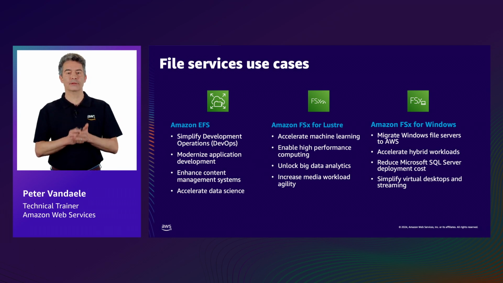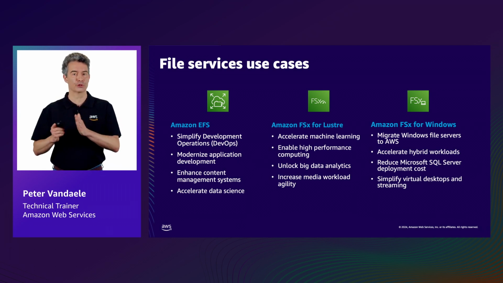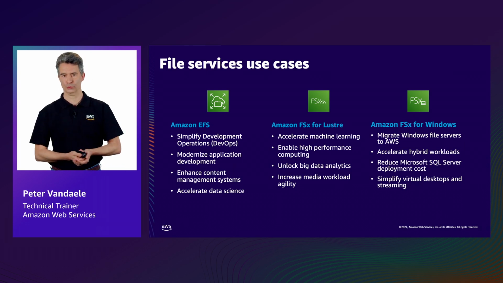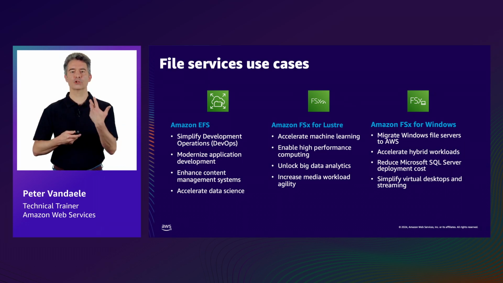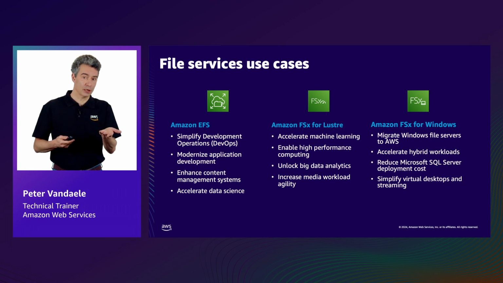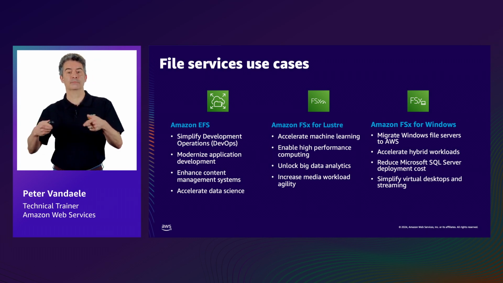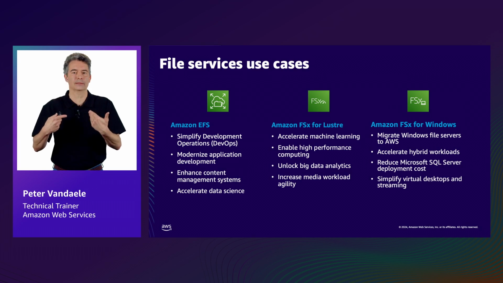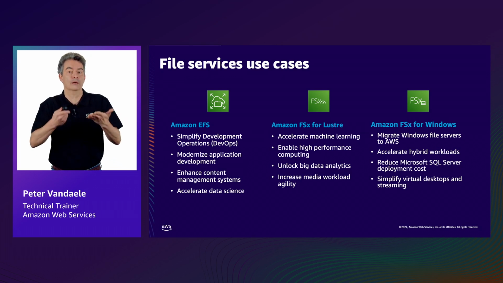It supports the Network File System version 4 and is used for Linux-based workloads. With Amazon EFS, you can create a file system, mount the file system on an Amazon EC2 instance, and then read and write data to and from your file system.